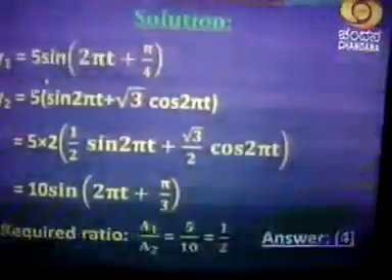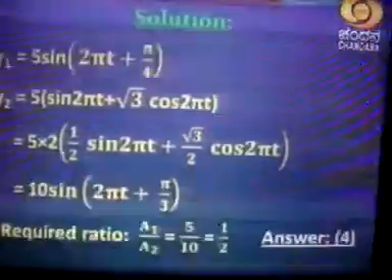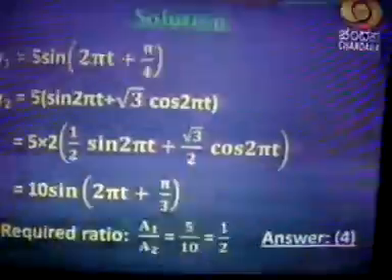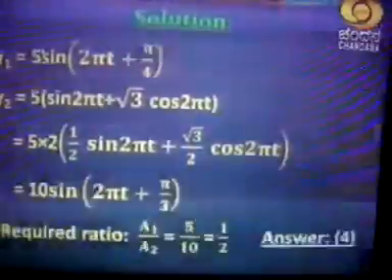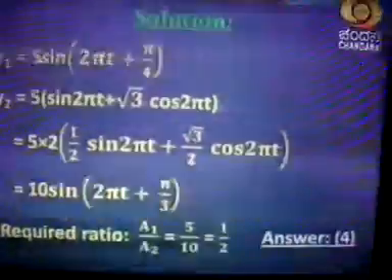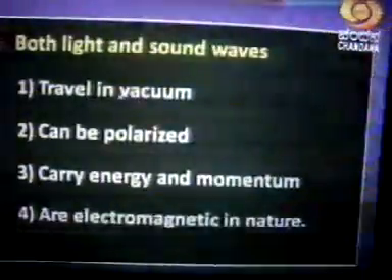And similarly, the ratio of intensities also can be asked. That is, the ratio I1 to I2 is equal to the ratio of squares of amplitude, that is 5 square upon 10 square, or it is 1:4.